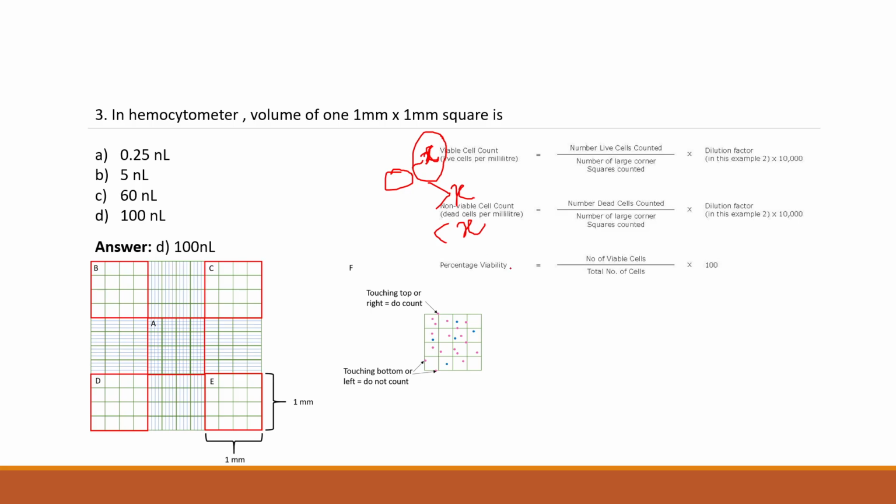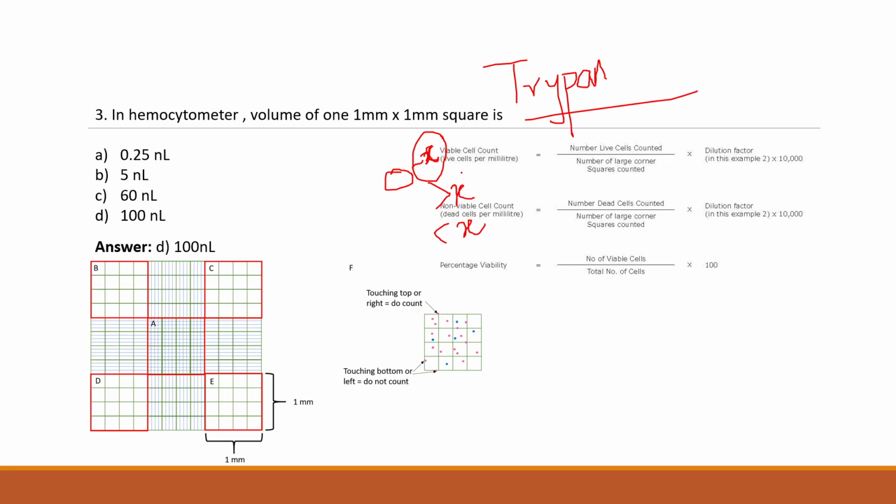So what is your formula now to count? You have both viable and non-viable cells. Like I told you, you have trypan blue dye, which is helpful in differentiating between your live and dead cells. How this works is, the dye will first be taken up by your cells, it will enter all your cells.